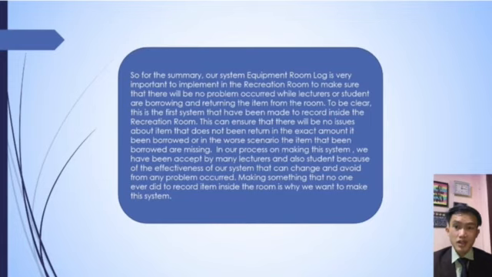This can ensure that there will be no issue about items not being returned in the exact amount borrowed, or in the worst scenario, items being borrowed going missing. In the process of making this system, we have been accepted by many lecturers and students because of the effectiveness of our system, which can change and avoid any problem that occurs. Making something that no one has ever done to record items inside the room is why we wanted to make this system.